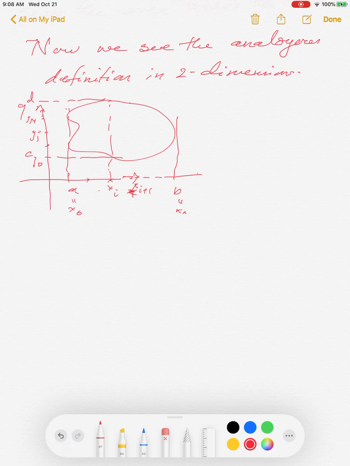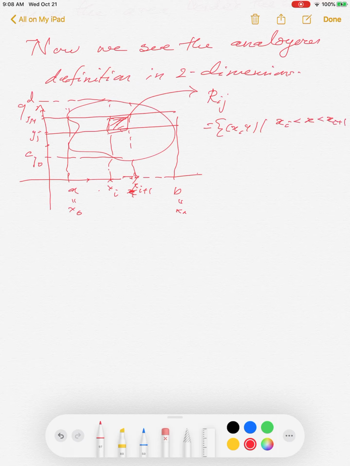And so the pieces of the partition are no longer just subintervals, but they are going to be little rectangles. This I will call R_ij. R_ij is the set of points (x, y) where x lies between x_i and x_{i+1} and y lies between y_j and y_{j+1}. So this is a partition of a 2-dimensional region.